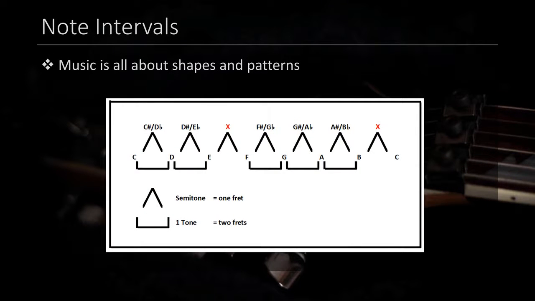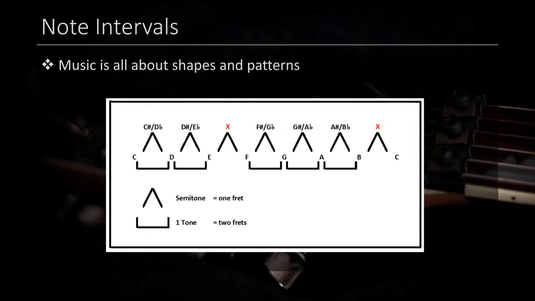So the other thing that I had to get my head around, and this was again another graphic that I found really useful, was the note intervals and the shapes and the patterns that are going on. So within music we go A, B, C, D, E, F and G, and for reasons I know not, it's actually laid out slightly differently in this graphic. But again you start to see some patterns here.